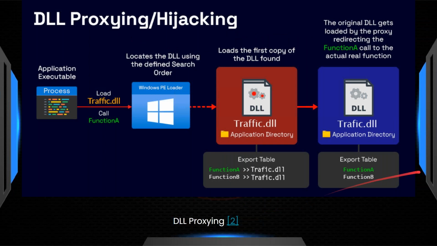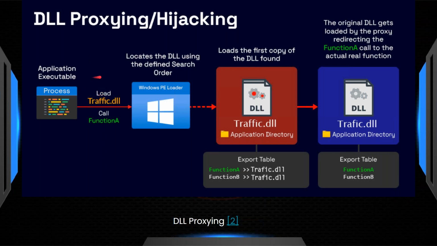This image is also from Chainsaw, and it's a really great graphic. Let's say this is our Zoom application and we want to load traffic.dll. In our kill chain, if you remember, we dropped the malicious traffic.dll along with the legitimate DLL.